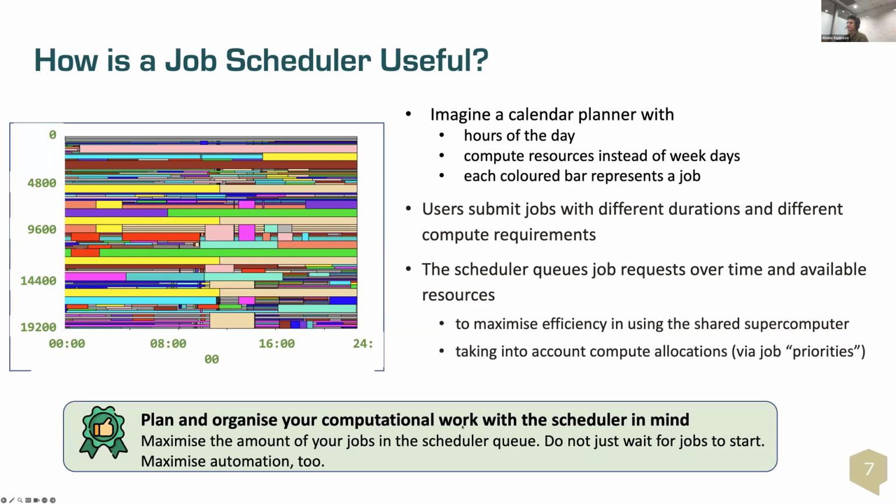The idea is to plan yourself, and also to not just wait for jobs to start. So you can plan, you can send many jobs at the same time, or jobs chained, as I was sort of thinking about this purple and green. So you can submit these two jobs in a chain. This job will wait in the queue until this one is finished, and the scheduler may know that there is space and they will put them together.